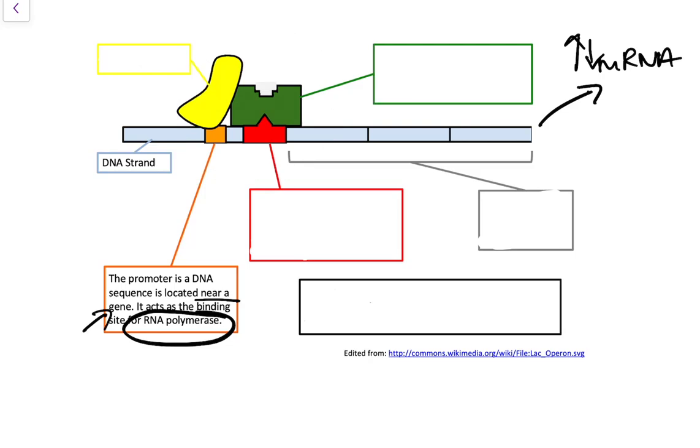Okay, but we can see here that there's something which is near to the promoter. We've got the RNA polymerase which wants to bind there, but near to it we've got this other sequence here which we can call the operator. And this operator could have different functions, but one of them is that it could silence.